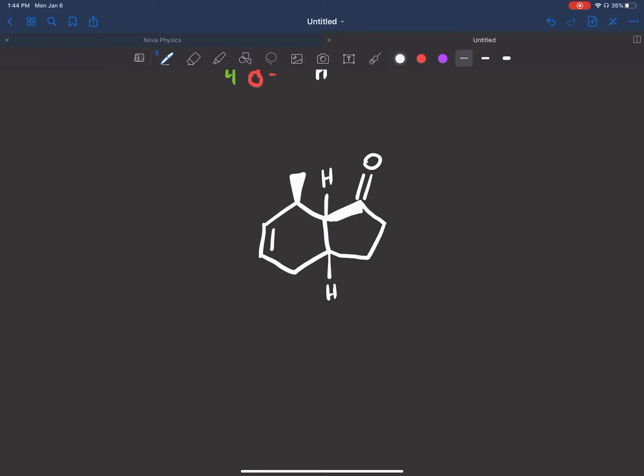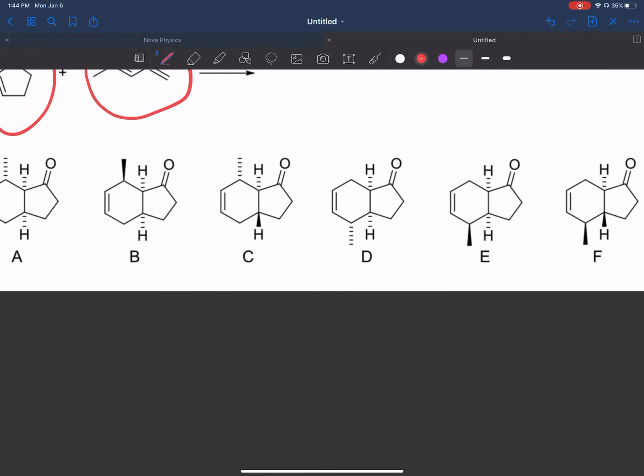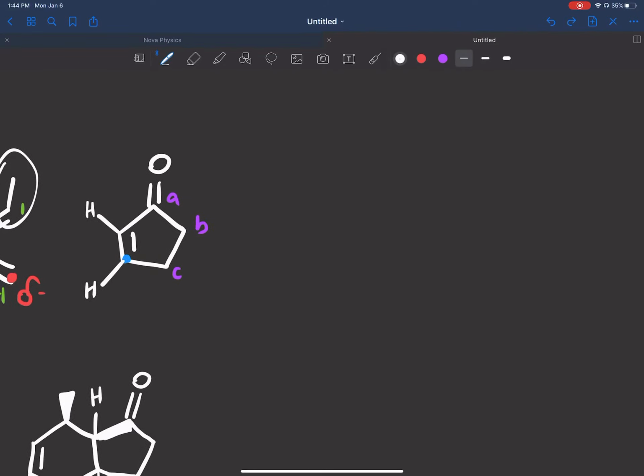The only problem is, if you look at the choices, we don't have any stereochemistry on these bonds right here. And there's a reason for that, just because it's a little bit difficult when you have rings like this. Let's say you have this other 6-member ring that looks something like this.